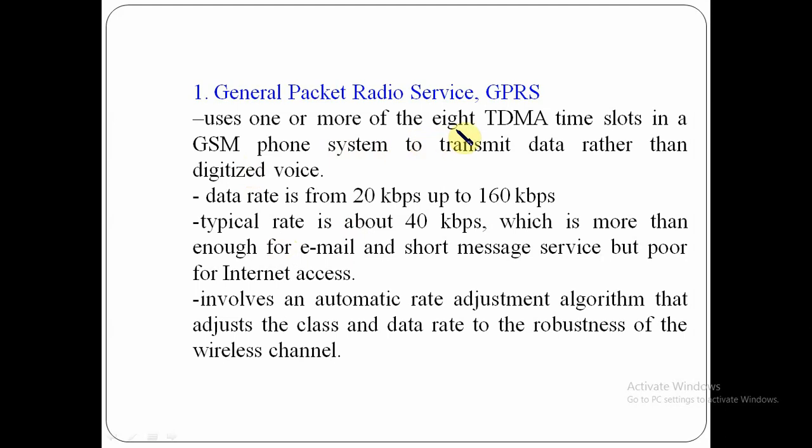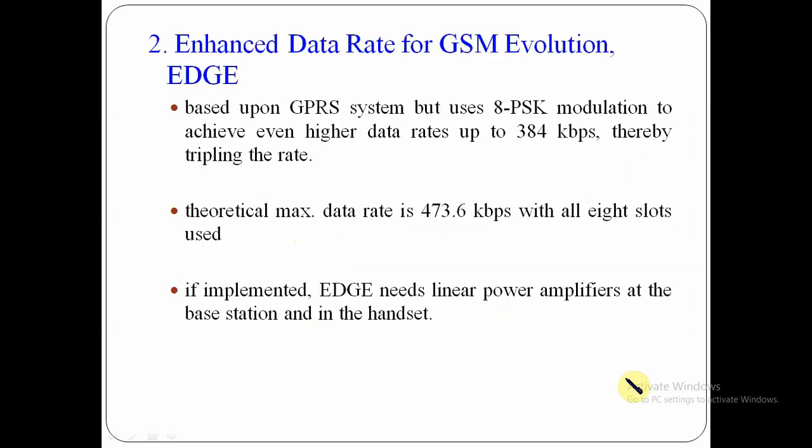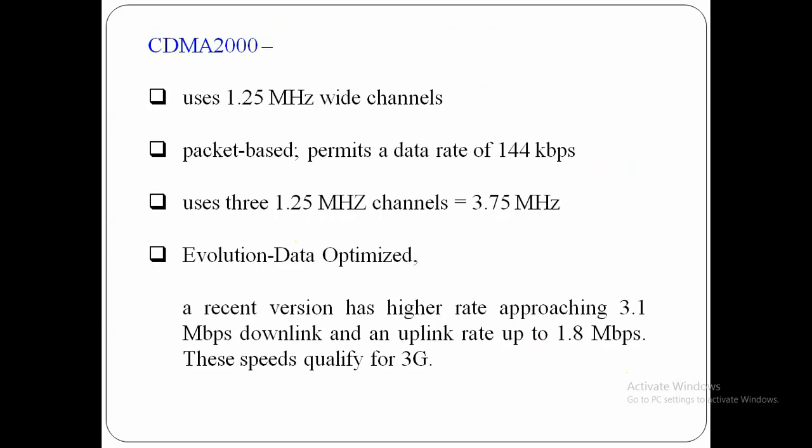It uses more of the 8 TDMA time slots in the GSM phone system to transmit data rather than digitized voice, and involves an automatic rate adjustment algorithm that adjusts the class and data rate to the robustness of the wireless channels. It is about the enhanced data rate of GSM evolution.